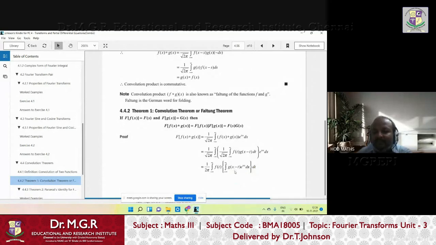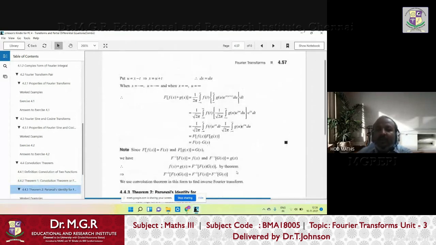Now you have to simply put x minus t as some u. Then automatically x equals u plus t. So if you put u equals x minus t, x equals u plus t, and dx equals du, because you are integrating with respect to x.